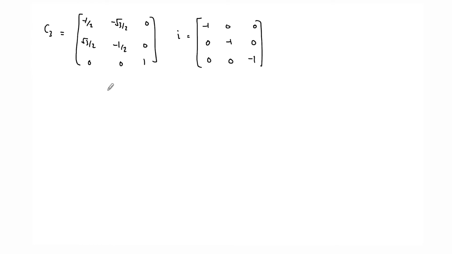Okay. Now if I do C3 into I, what do I get? It's a unit matrix with a negative sign, so multiplication is easy. All you have to do is just change the signs over here, right? So I will get half, minus root 3 by 2, 0, root 3 by 2, half, 0, 0, 0, minus 1.